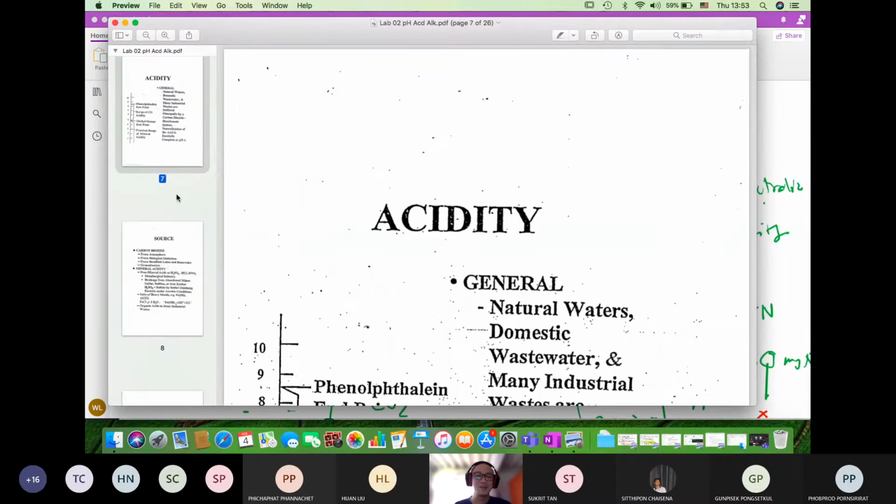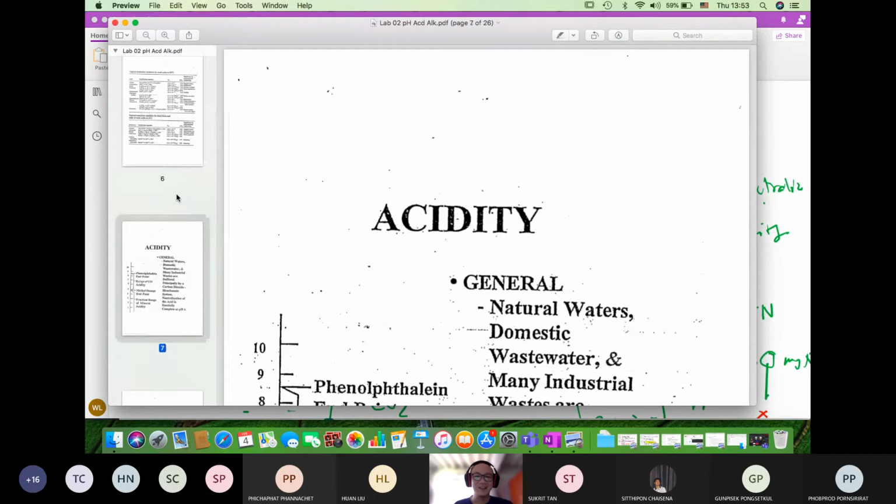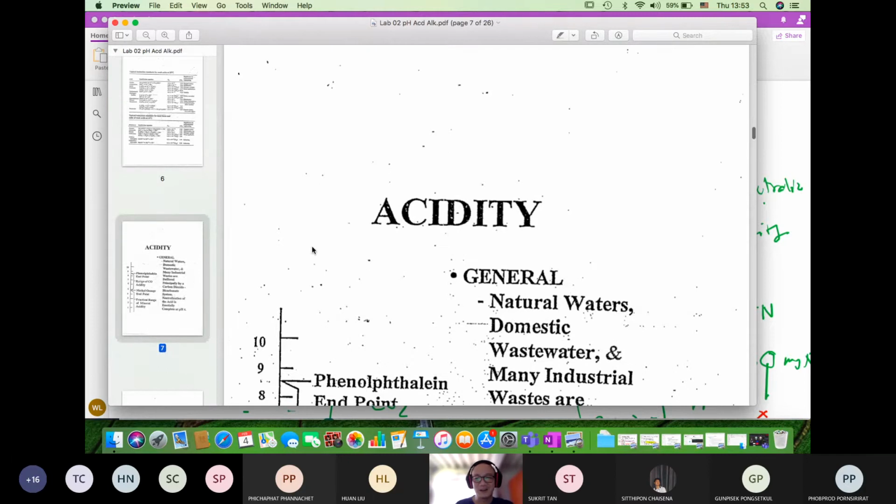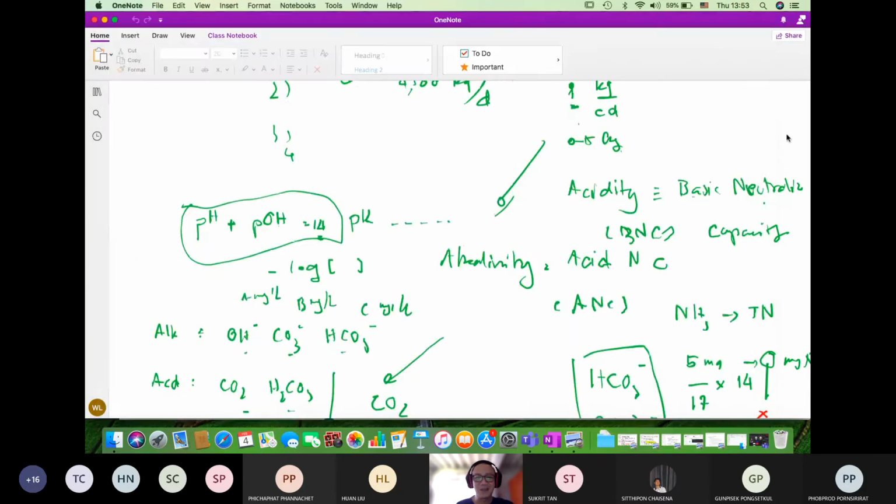Okay, so let's talk about the acidity first. We can define the acidity as the base neutralization capacity, the capacity of water to neutralize the bases.